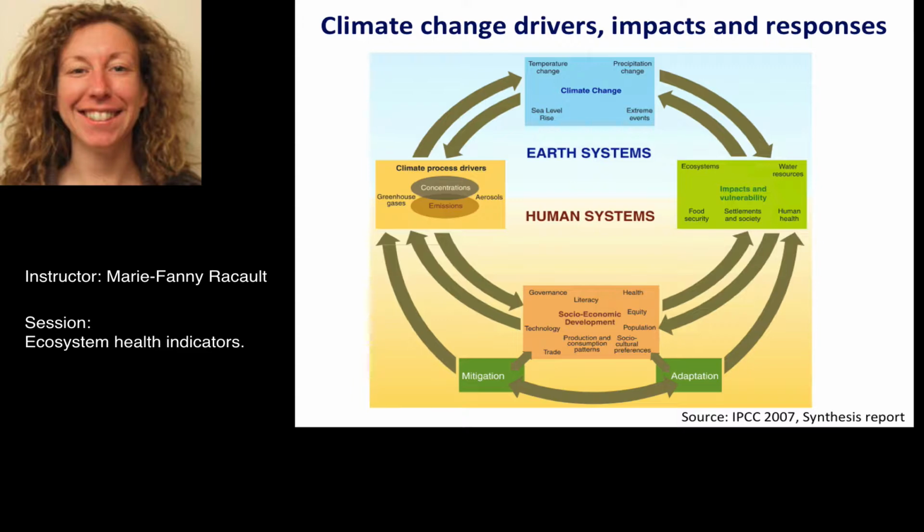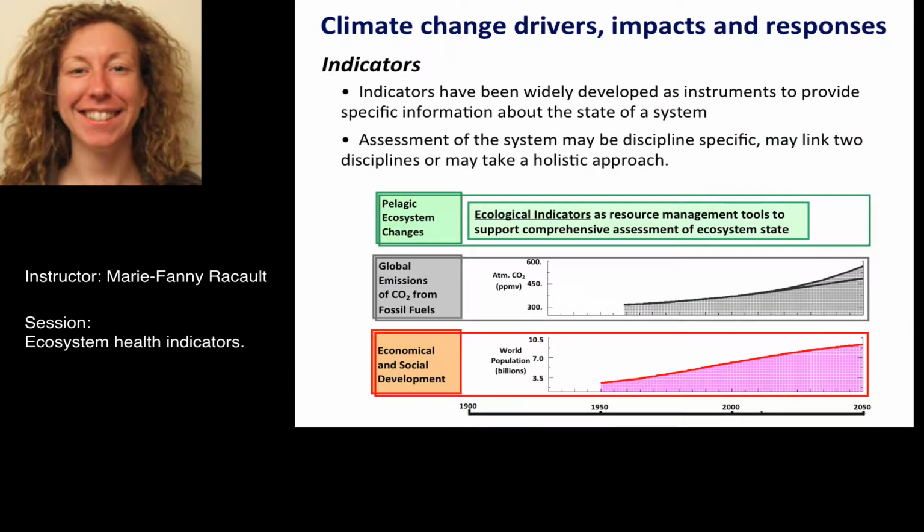This will also have an impact on the water resources. And if you have changes in the ecosystem, then this will go back to the human system. This will have an influence on food security, food supply, for instance fisheries coming from the ocean, and water resources. It can also have an impact on human health if you have some development of more pathogens, let's say, because you have changes in environmental conditions.